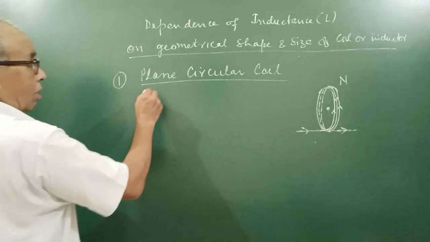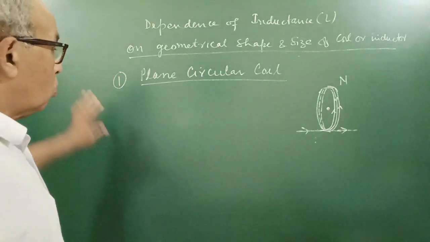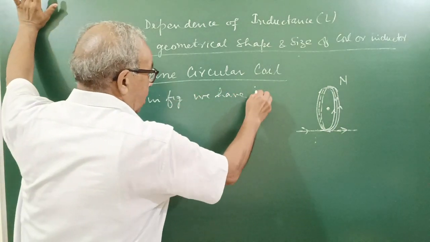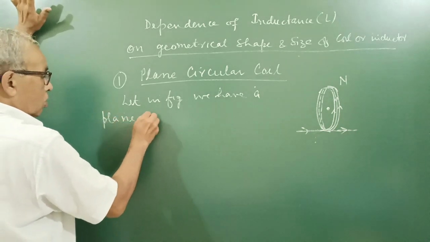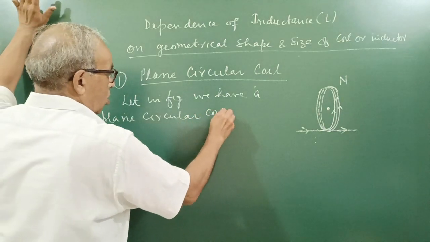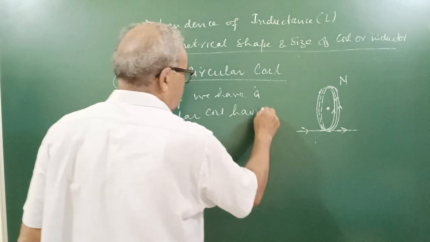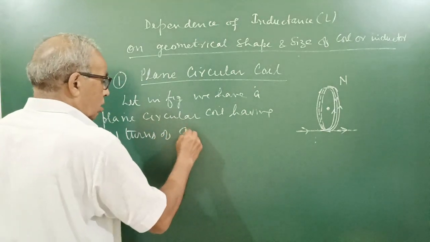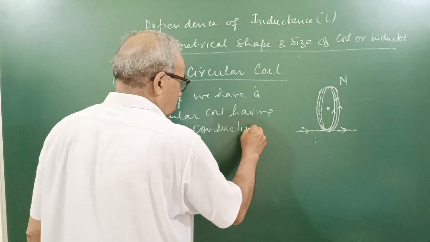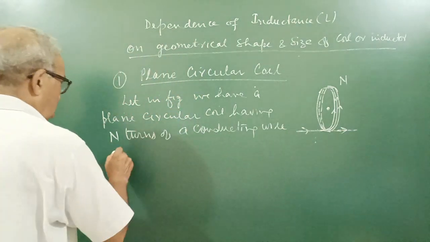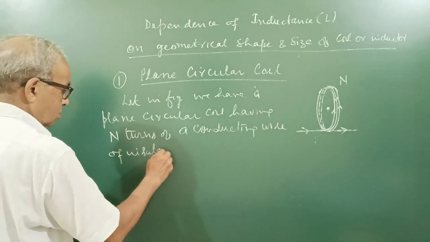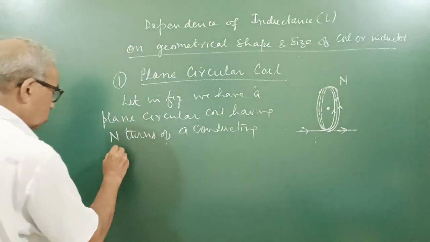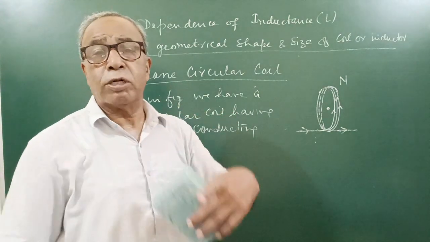Suppose in the figure we take a plane circular coil. Let us say in the figure we have a plane circular coil having capital N turns of a conducting insulated wire. Insulated means the turns are insulated so that they should not touch each other.